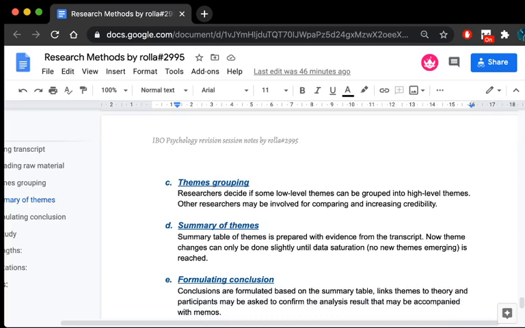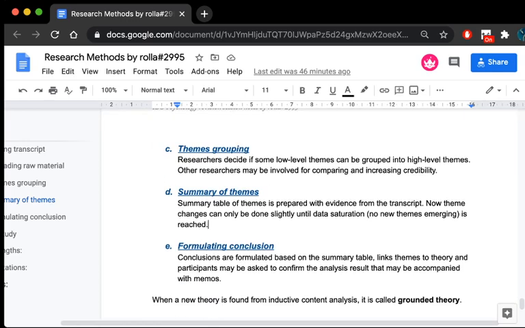Next we have the summary of the themes, which is where they create a table of themes prepared with evidence from the transcript. So now the theme can only be changed slightly, and they will keep on revising and revising until data saturation, or no new themes emerge.